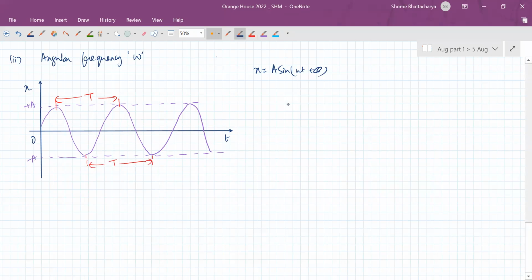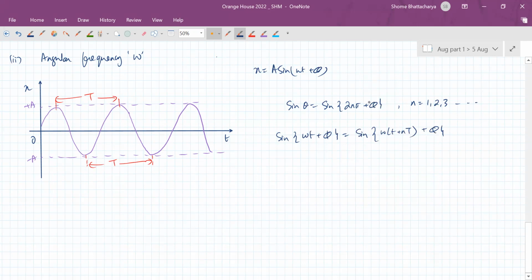Since we know that in general, sine of theta is the same thing as sine of 2n pi plus theta, where n is an integer, therefore sine of omega t plus phi will be the same as sine of omega into t plus n times capital T, plus phi.